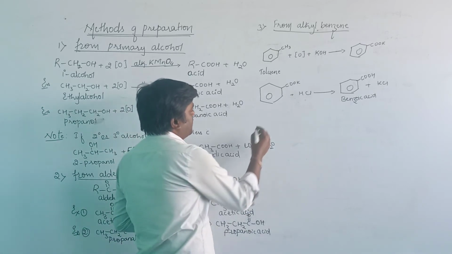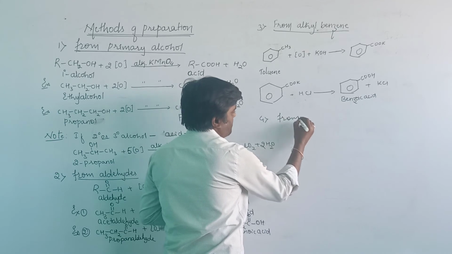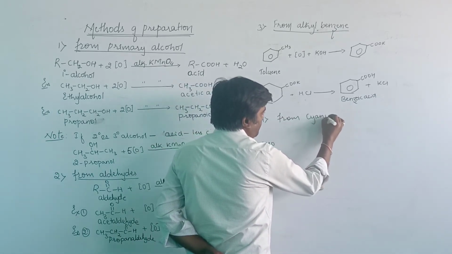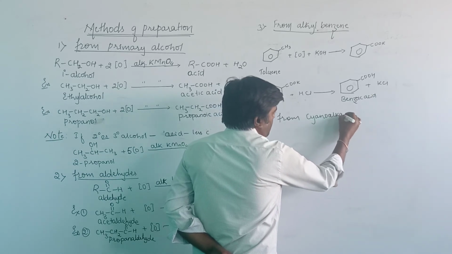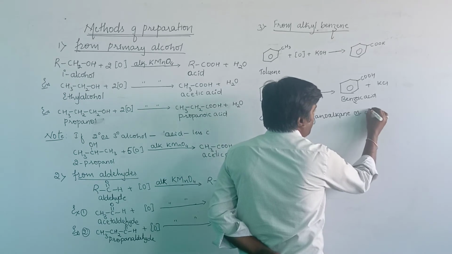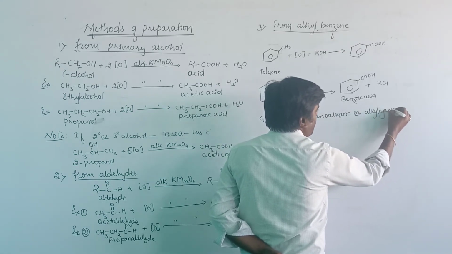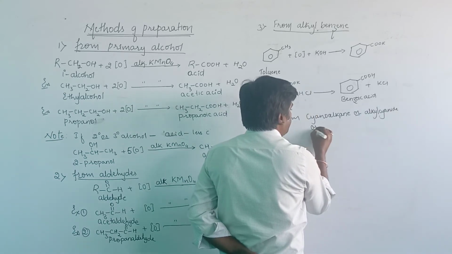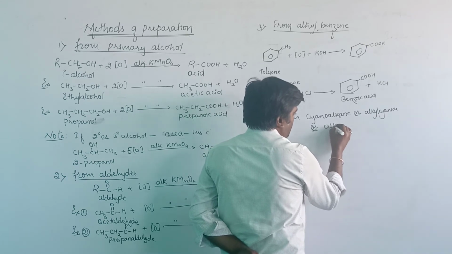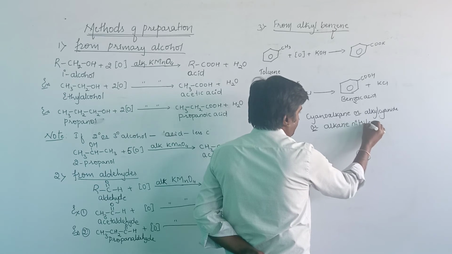And the fourth method is from cyanoalkanes, or we can call it alkyl cyanide, or we can call it an alkane nitrile.